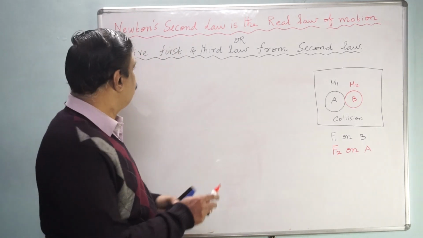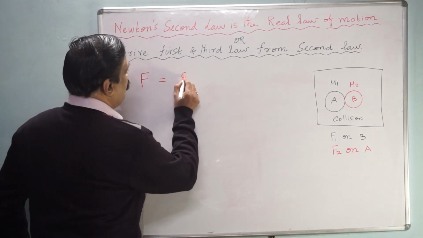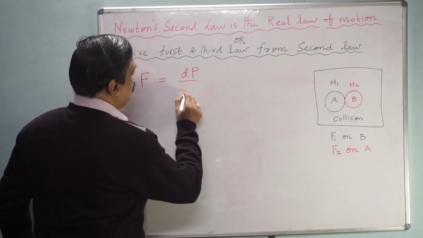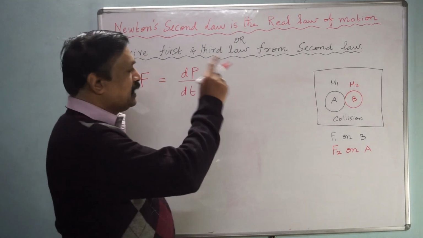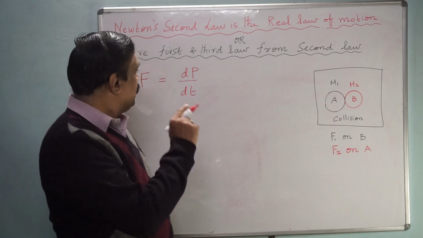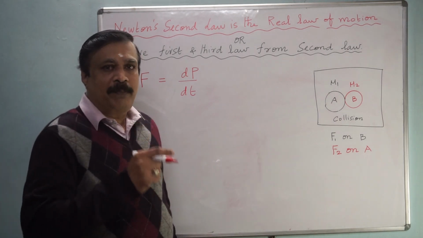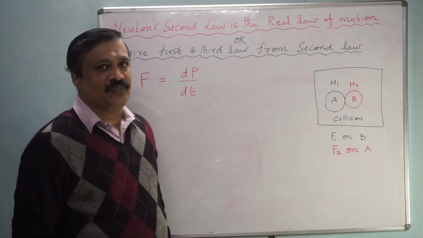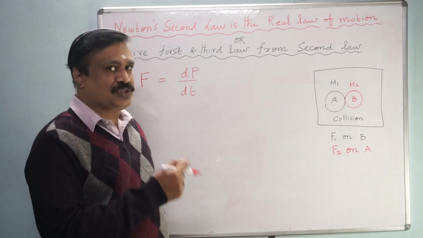We have seen F is equal to dp by dt. That means Newton's second law states that the rate of change of momentum is equal to the applied external force. Rate of change of momentum is equal to applied external force.